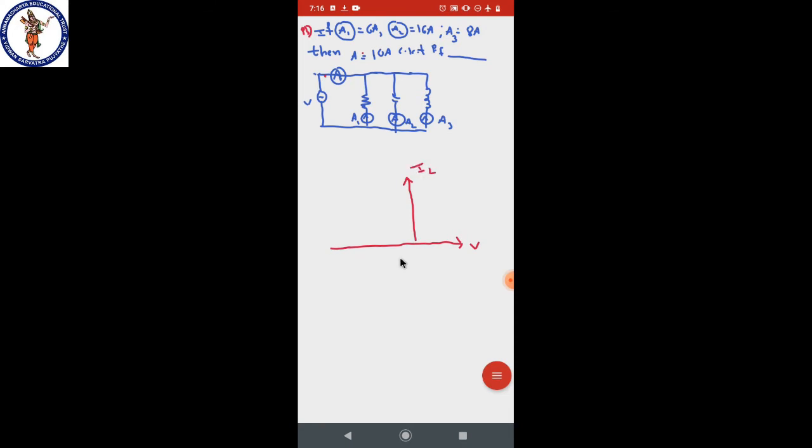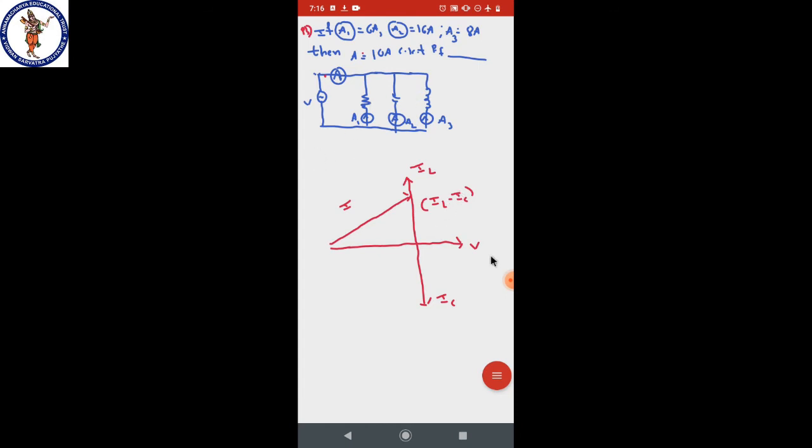This is IL, this is IC, and this is the total current I. What will we get here? IL minus IC. You already know the phasor diagrams.